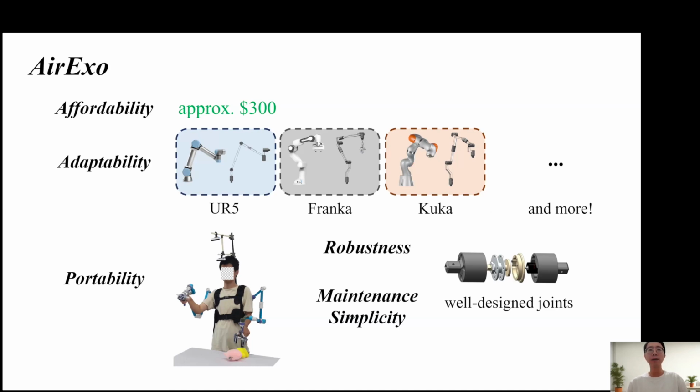And with the modularized design, it's also very easy to adapt our exoskeleton for different arms. Here we list UR5, Franka, Kuka, and of course we can build it or adapt it to different humanoid robots. And it's also very light, so you can wear this kind of exoskeleton.